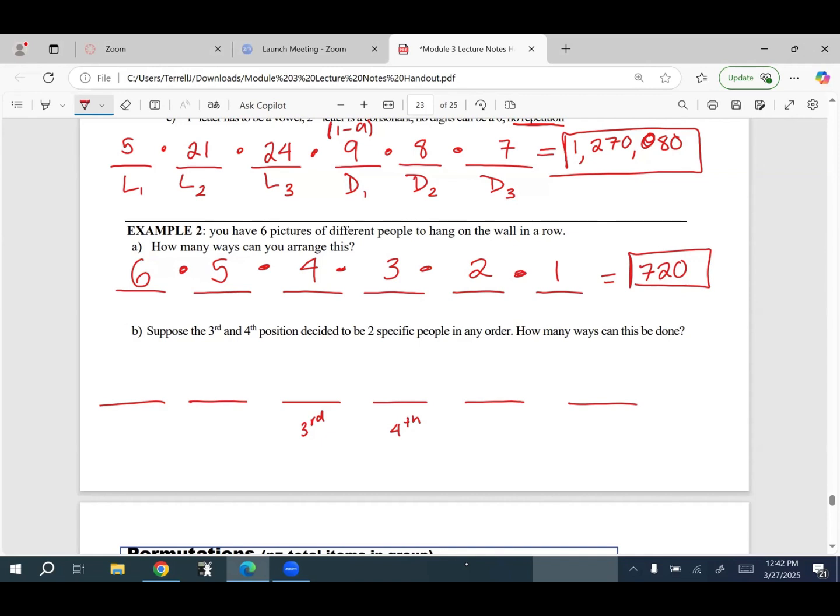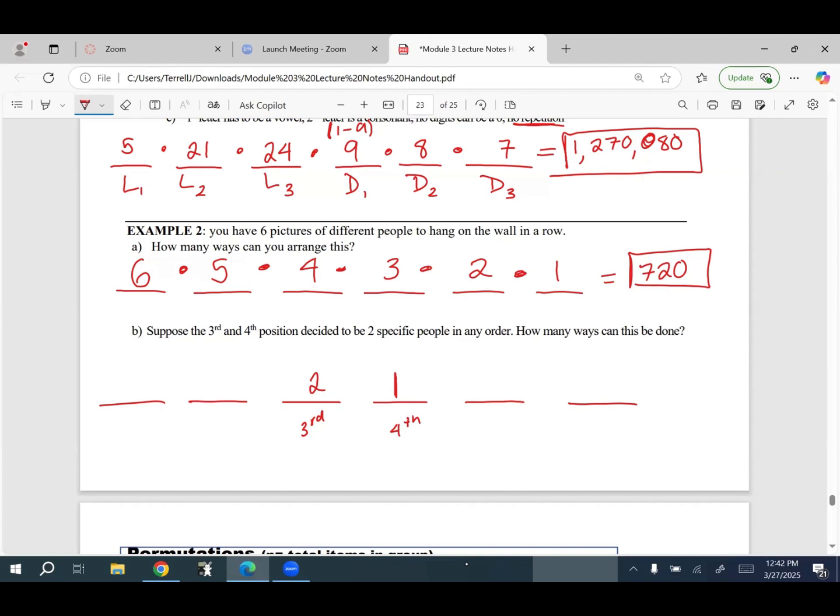So for the third position, I have 2 options to choose from because it can only be among 2 specific people. So now I put the third option there. I select one of those two, which means there's only one left for the fourth position. Now we can go back to the first frame.